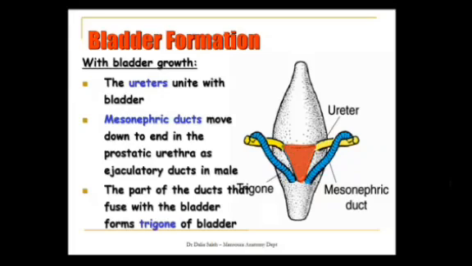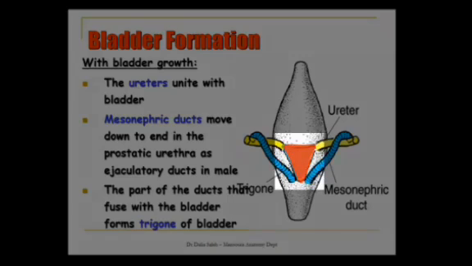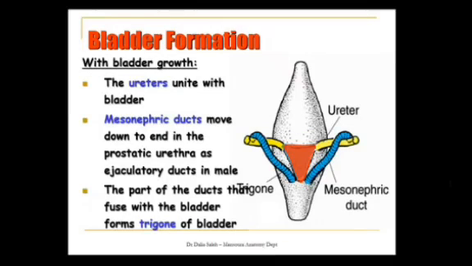The part of the ducts that fuse with the wall of the bladder forms the trigone of the urinary bladder. If you remember from pelvic lectures, the trigone lies at the posterior wall of the urinary bladder, like a triangular area between the openings of the ureter and the entrance of the ejaculatory ducts.